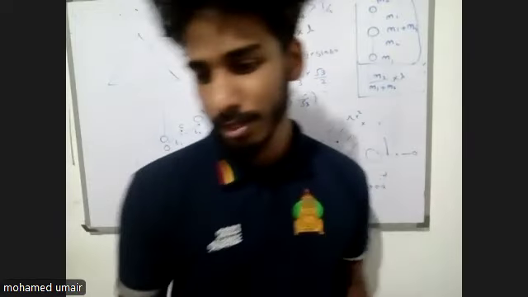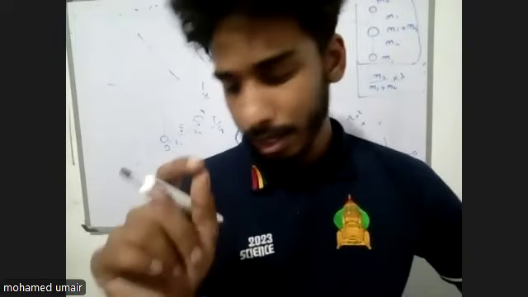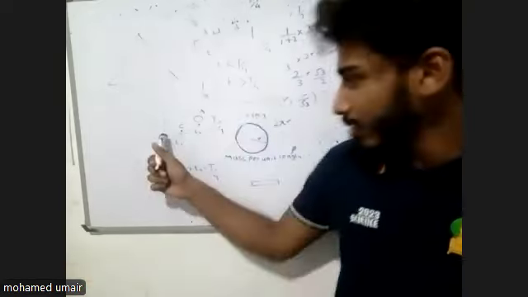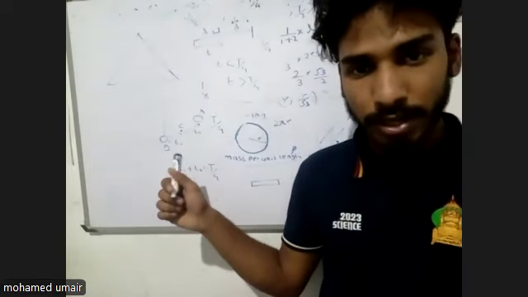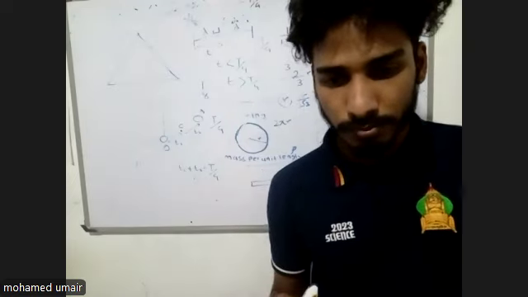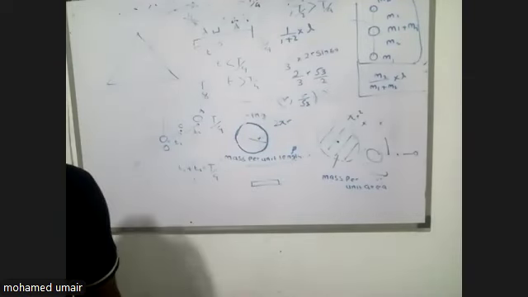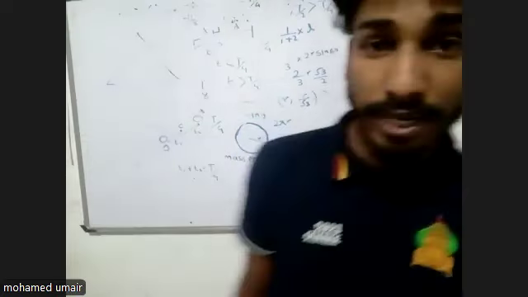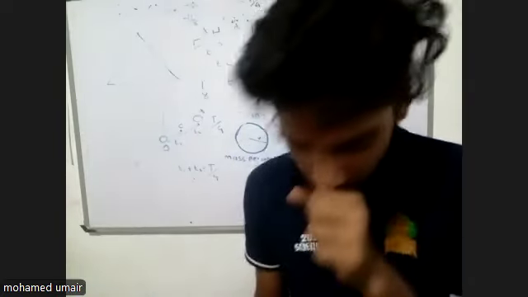And try to answer this. In a simple harmonic motion, where is the acceleration maximum? At A, yeah. When you are reaching the amplitude, the acceleration is maximum, velocity is minimum.